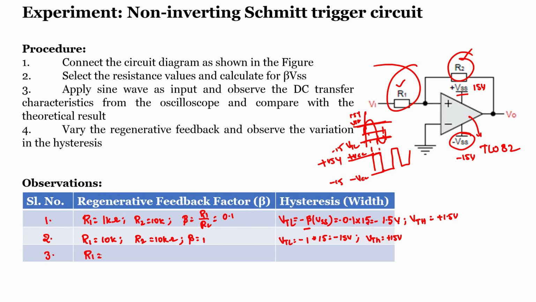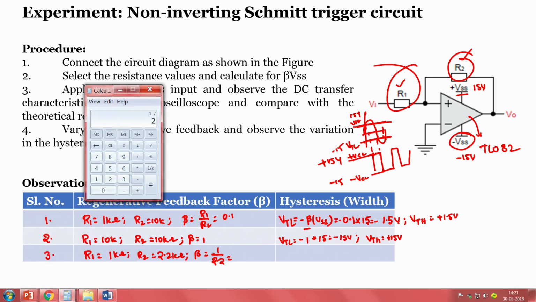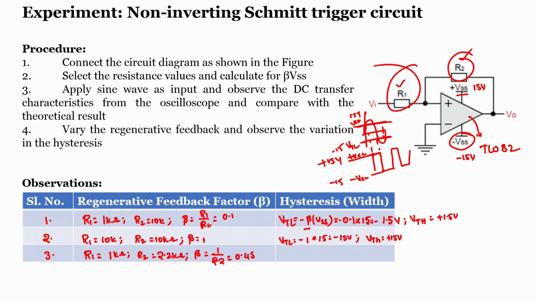Next, what about another resistance value? I will take R1 as 1 kilo and R2 as 2.2 kilo. So, what will be the beta value? 1 by 2.2, so we take a calculator, 1 divided by 2.2 is 0.4545, this is the beta value.